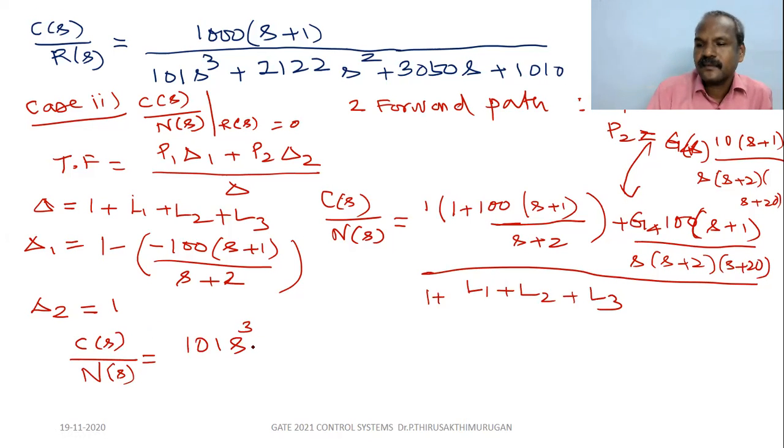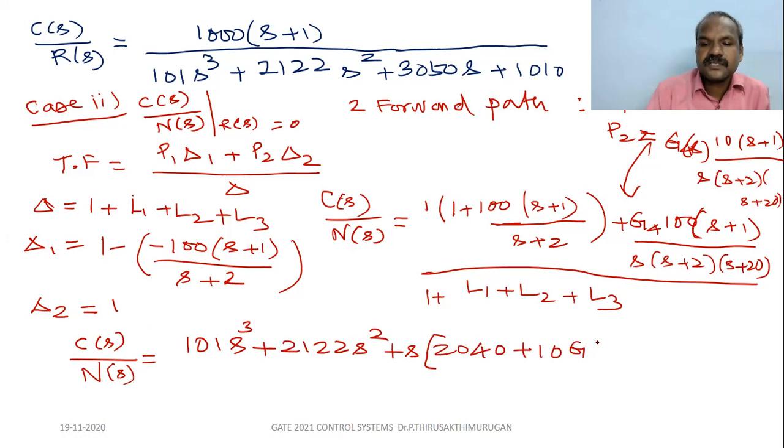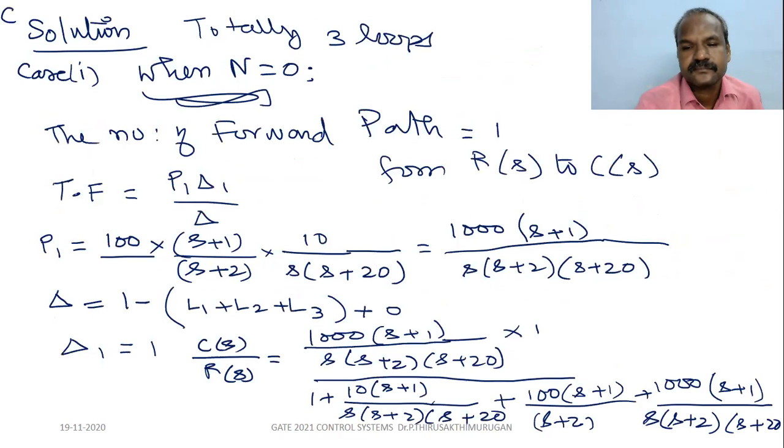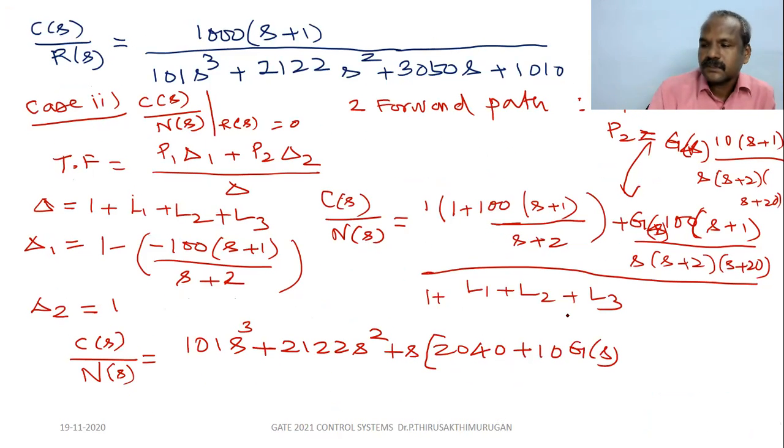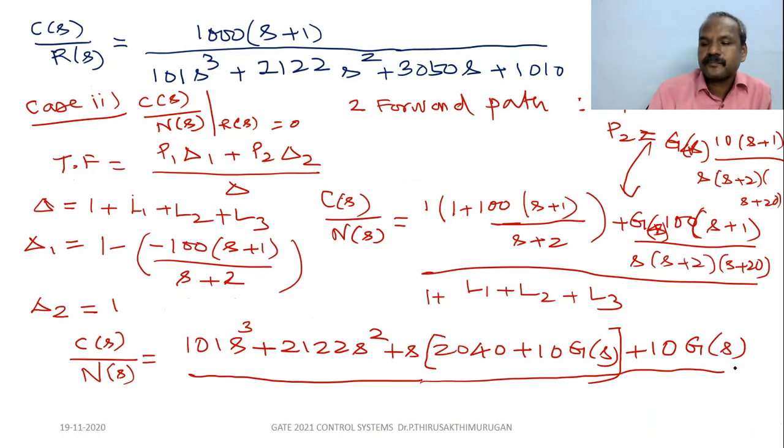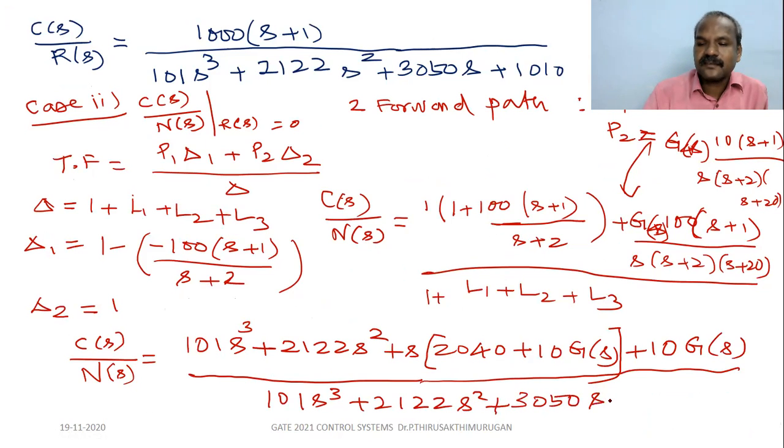Plus 2122 S square plus S into 2040 plus 10 G of S. Sorry, this is G of S. So it is G of S plus 10 G of S divided by 101 S cube plus 2122 S square plus 3050 S plus 1010. So this is the solution for case 2.